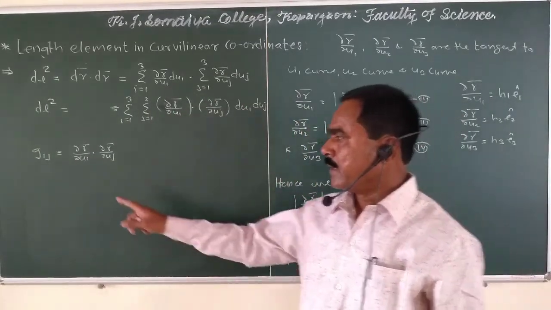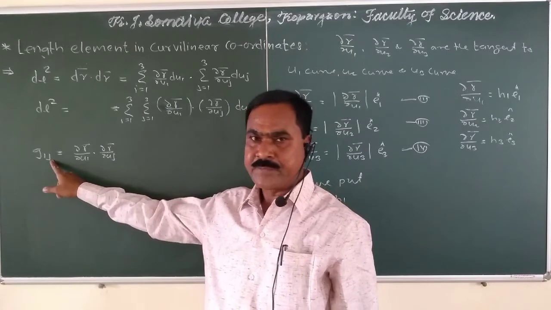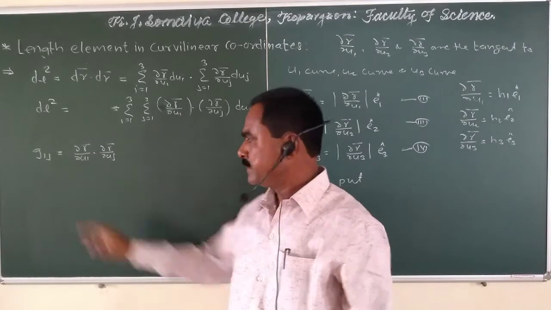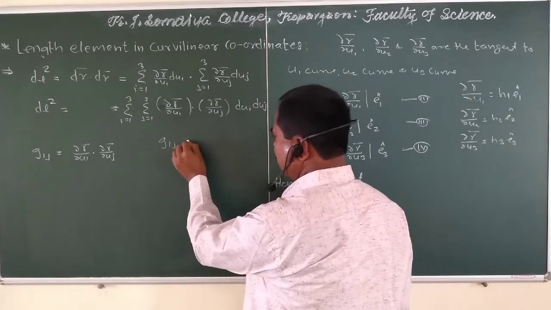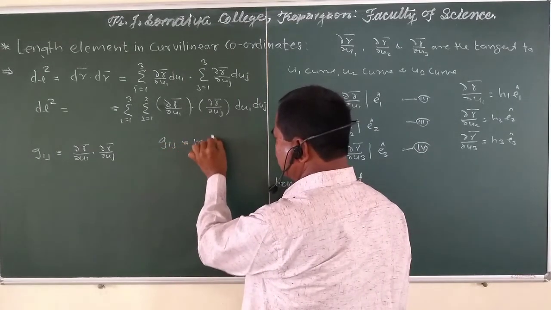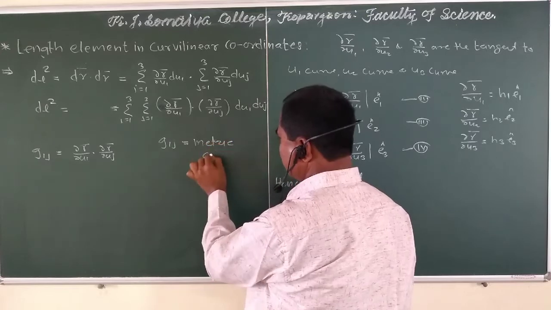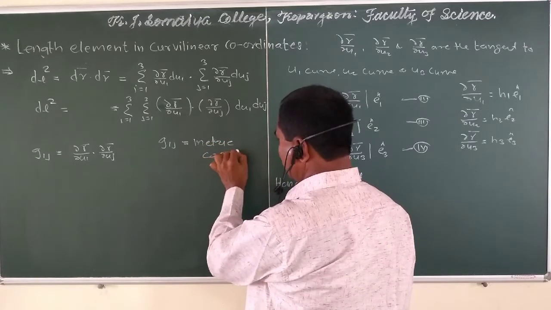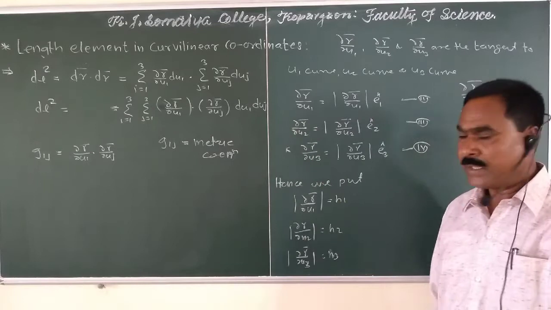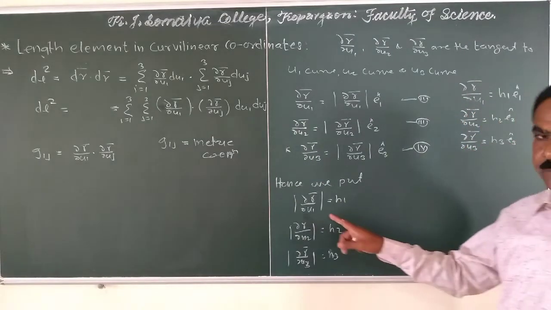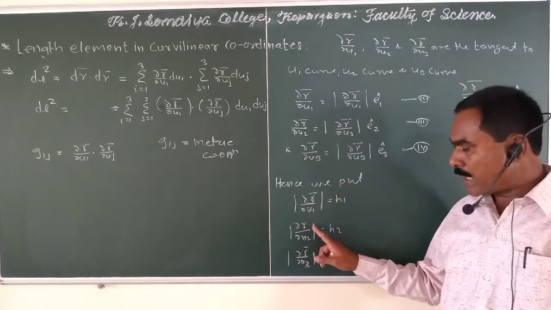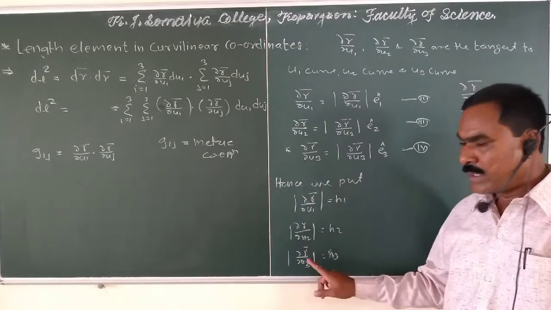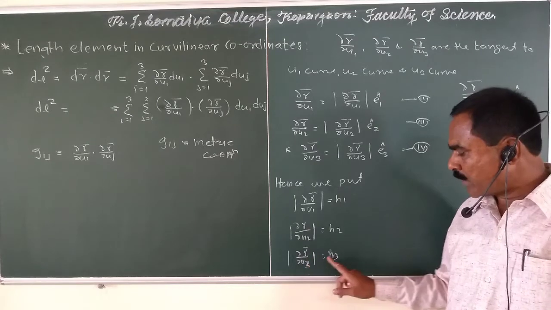Here this gij is called the metric coefficient, or metric coefficients. Now here we have written |∂r/∂u1| equal to h1, |∂r/∂u2| equal to h2, and |∂r/∂u3| equal to h3.